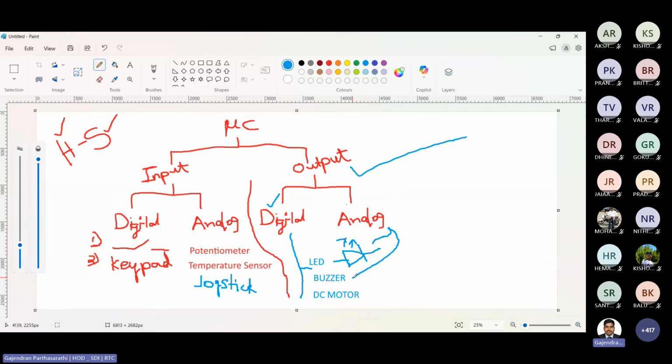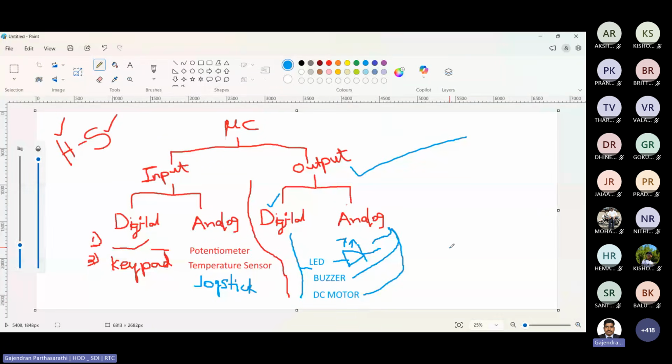Similarly, DC motor, if you are considering only on and off, that is digital output. The same thing you can perform in the other way also, speed control. That's why in the output part alone, we have a little controversy. The same component, you can use it for the digital output as well as the analog output. Those things we are going to discuss now in a detailed way.